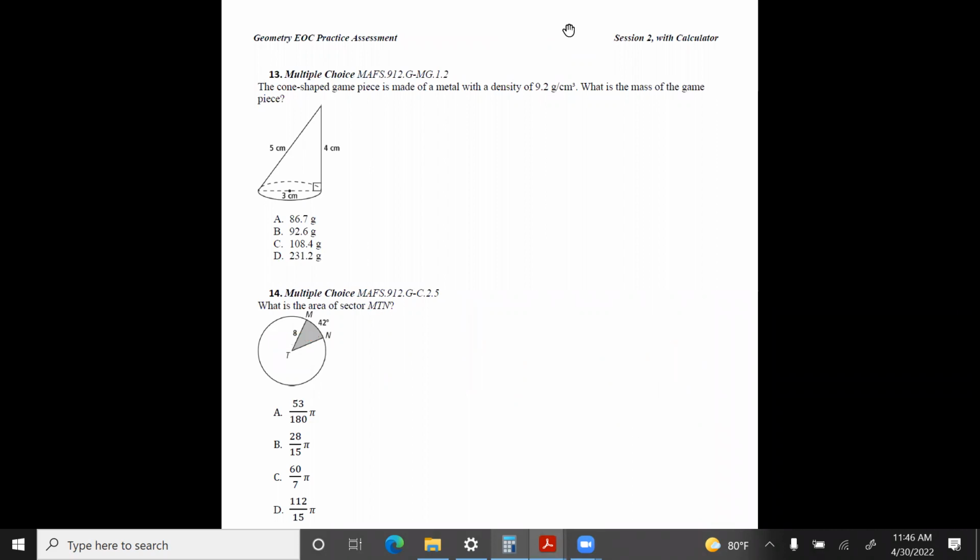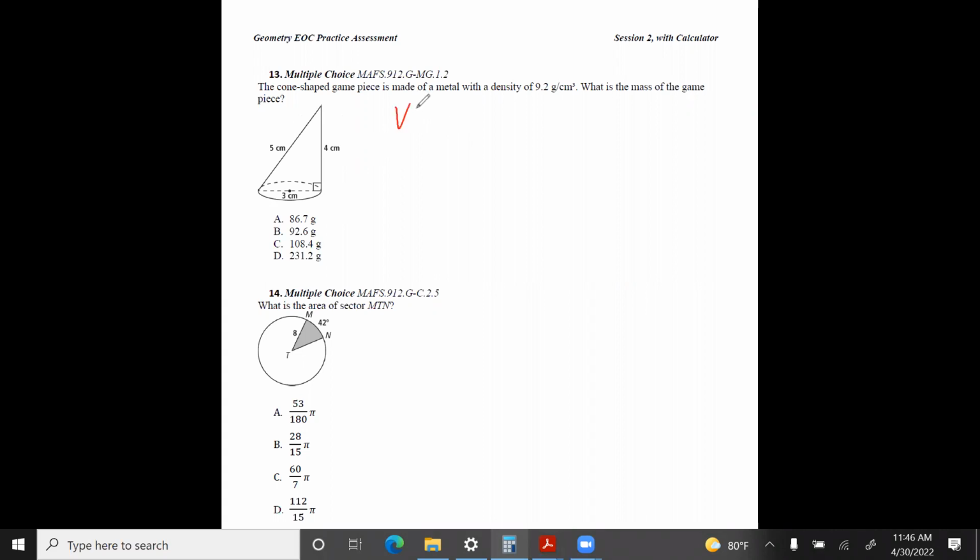For 13, the cone-shaped game piece is made of a metal with a density of 9.2 grams per centimeter cubed. What is the mass of the game piece? First we have to find the volume of this entire figure.